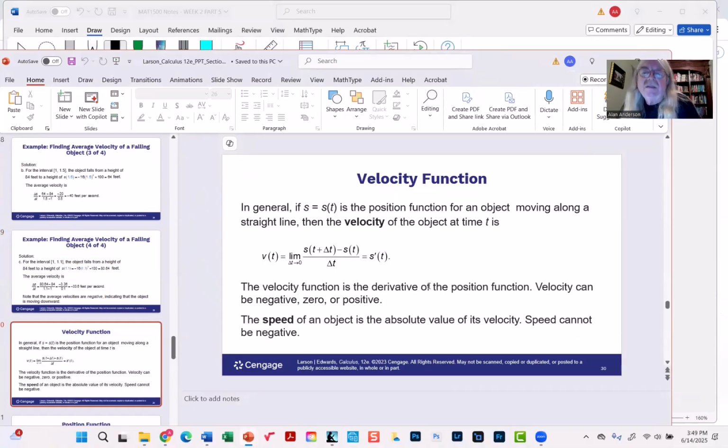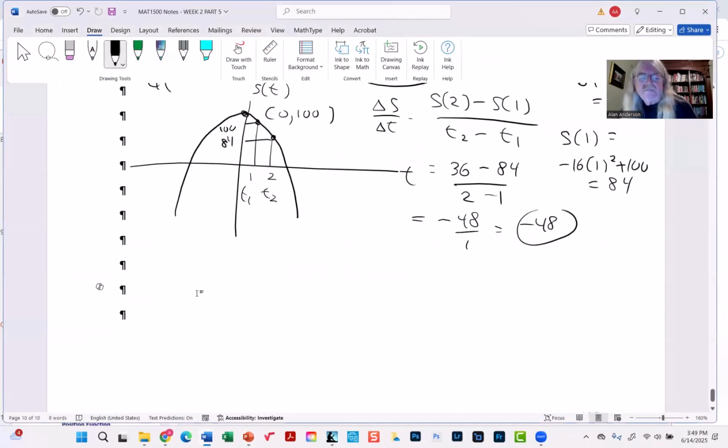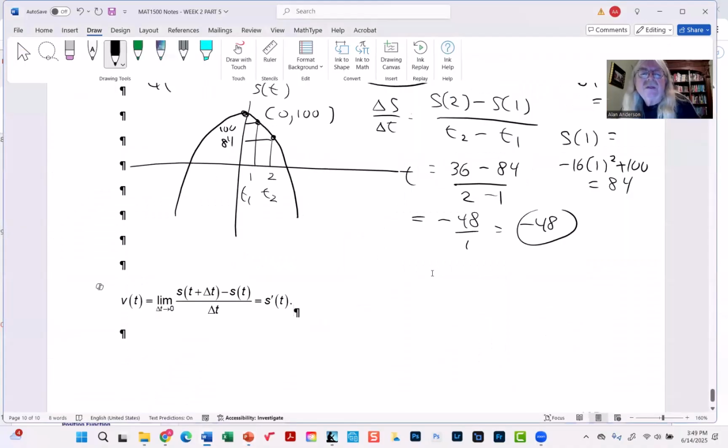So in the limit, see, this is what they're really building up to. And they'll throw this at us again in the future. Velocity is the limit, as delta t goes to 0. And if you think of this as t and t plus delta t, that's what this is all about.